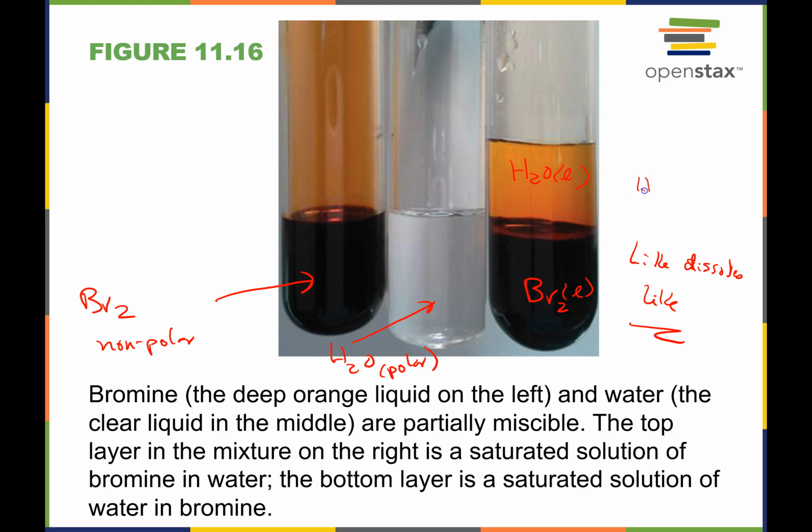But can you see where the discoloration of the H2O says it's not pure H2O? So what this is telling you, just based upon the color, is that we actually have a mixture up here. Some of our Br2 has snuck into the H2O. So up here we have a mixture.